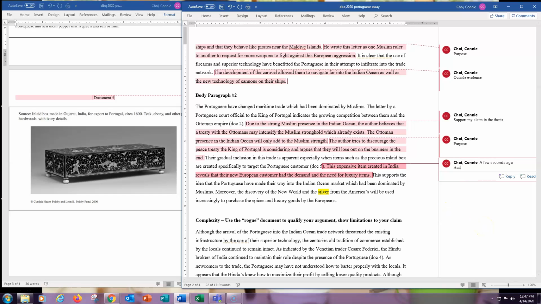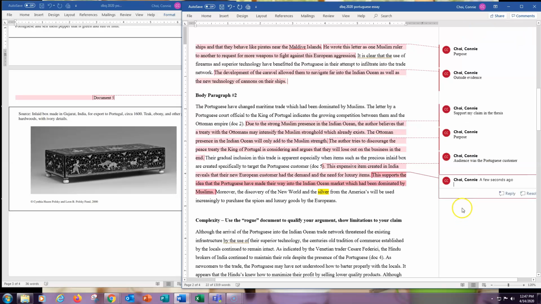And for here, I did the audience. I said that the audience was the Portuguese customer, because this was specifically made for them. This supports the idea that the Portuguese have made their way into the Indian Ocean market, which had been dominated by the Muslims.